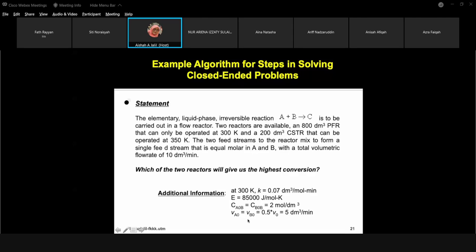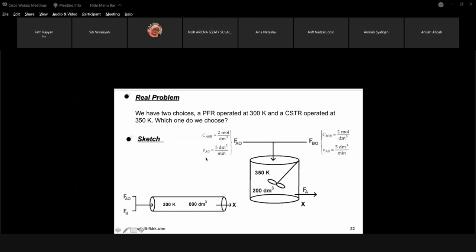And this is the volumetric flow rate for both. So if you get a problem like this, first what you have to do is sketch the reactor. So the reactor is like this. You see, this is for the CSTR.